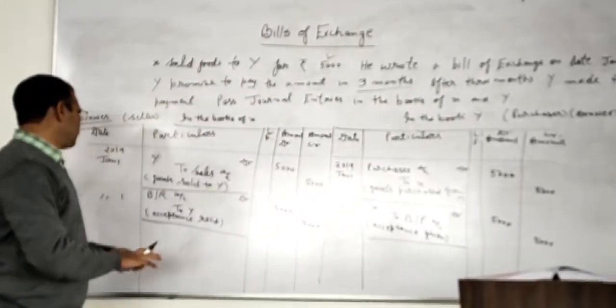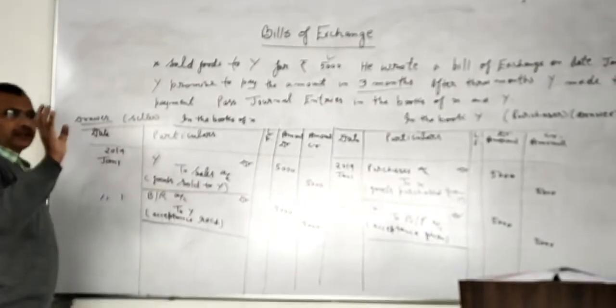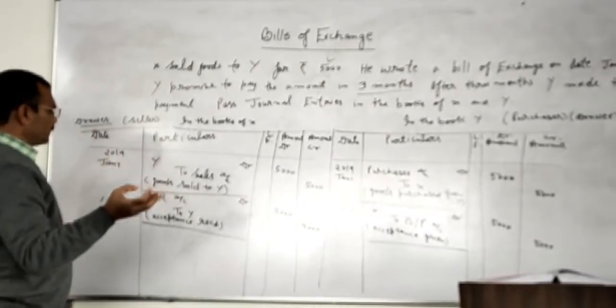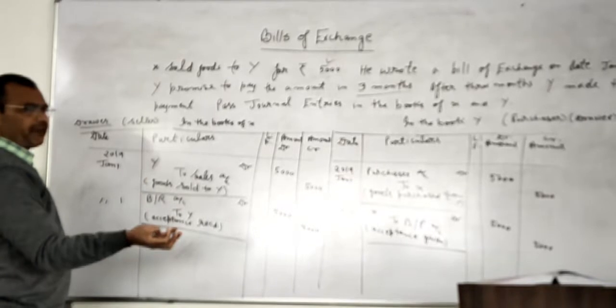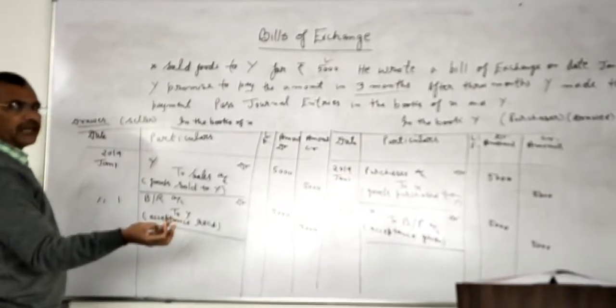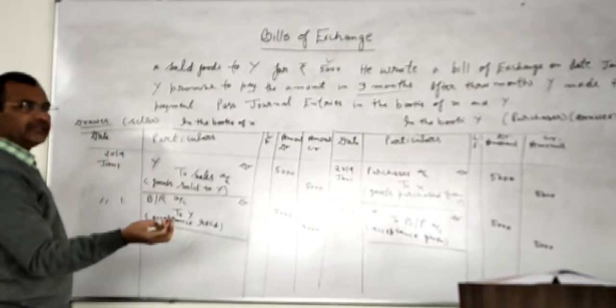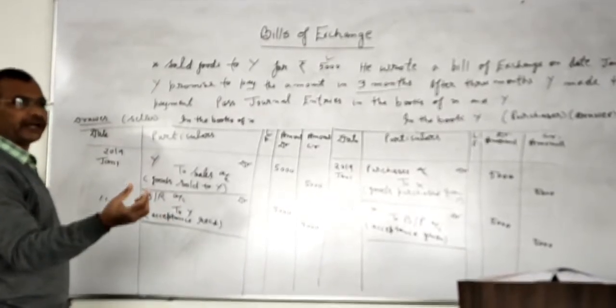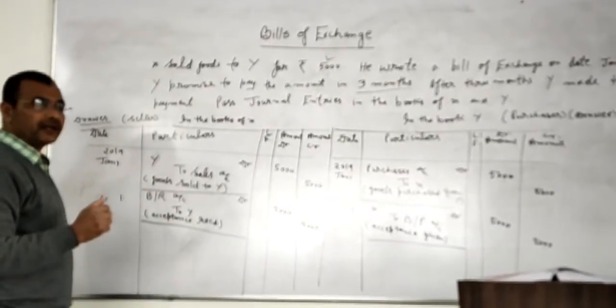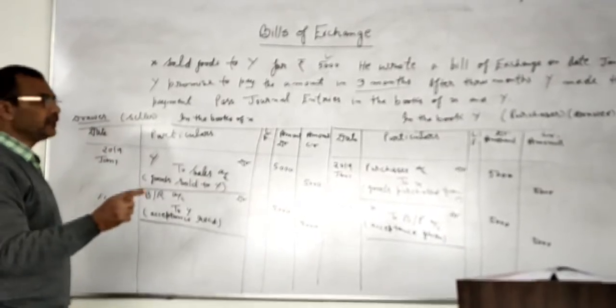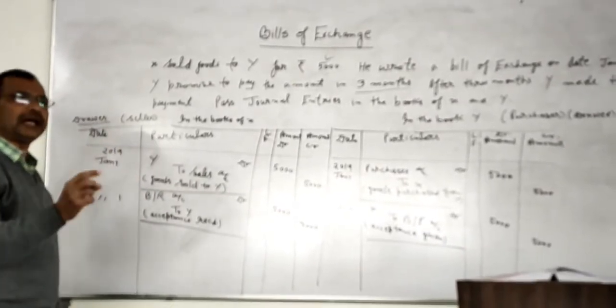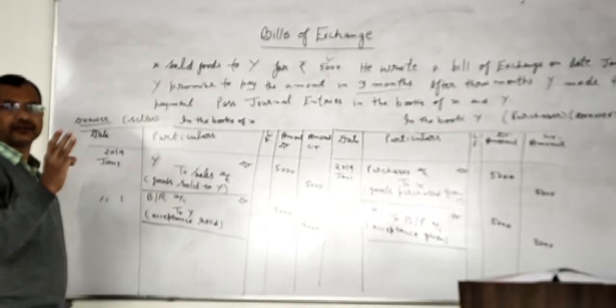So we will count from 1st January, 3 months: 1st February, 1st March and 1st April. After counting these 3 months, we will find 1st April. But in every question in the chapter bills of exchange, we will add 3 days.